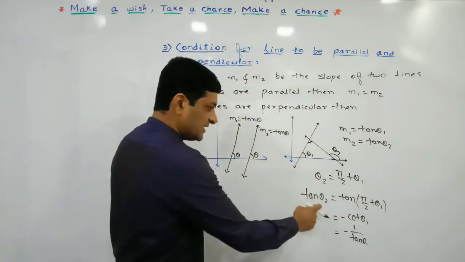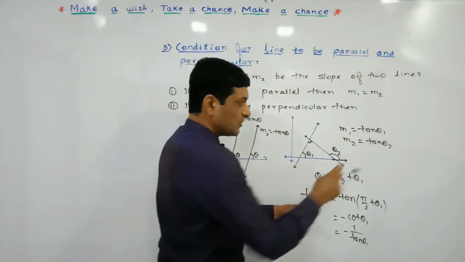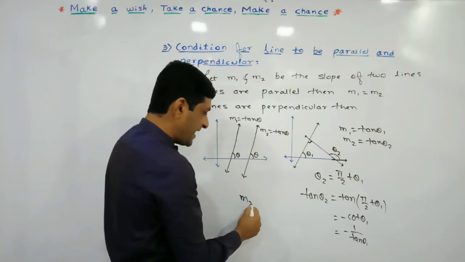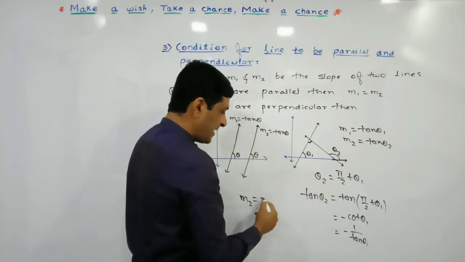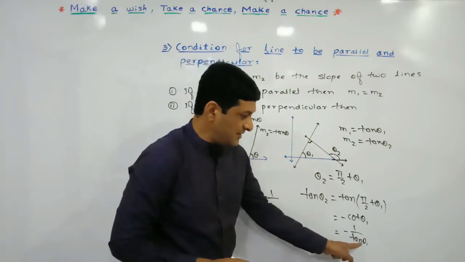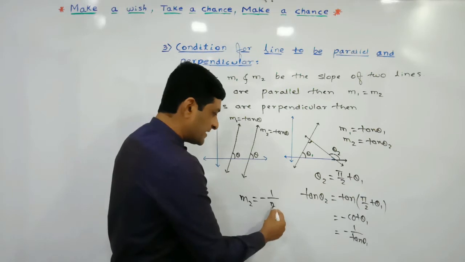Now observe the left hand side very carefully: tan theta 2 can be replaced by m2. On the right hand side, minus 1 stays as it is, and tan theta 1 can be replaced by m1.